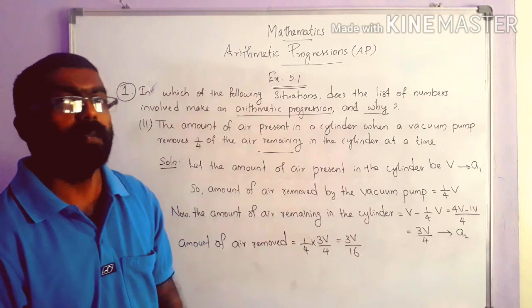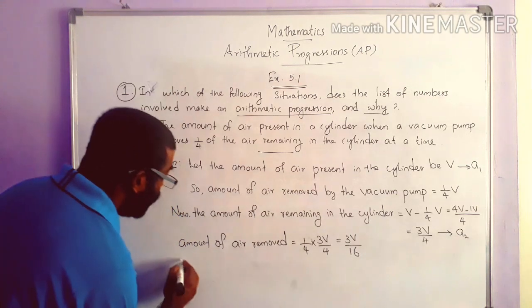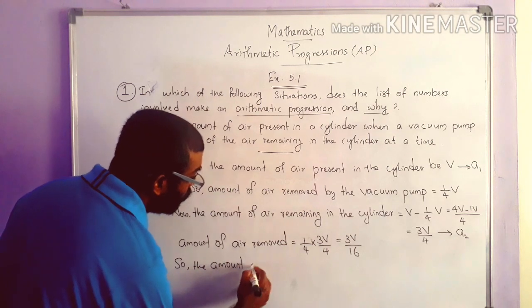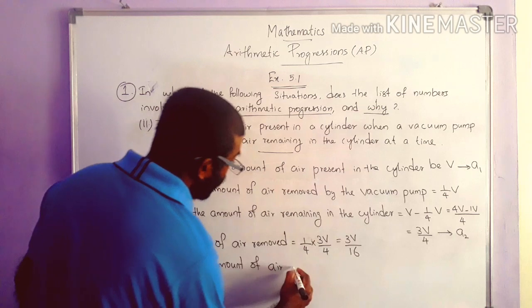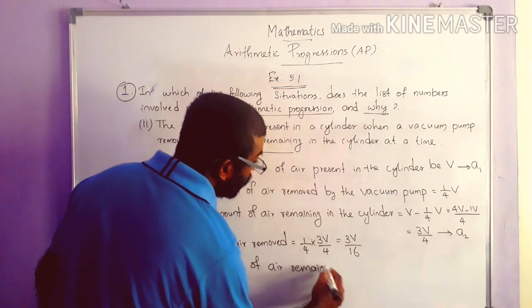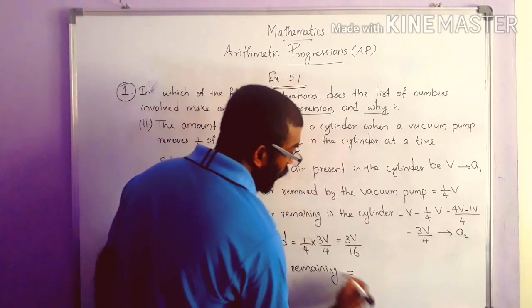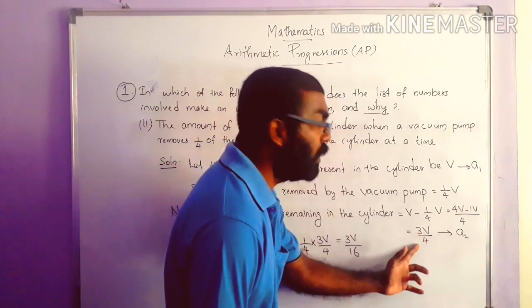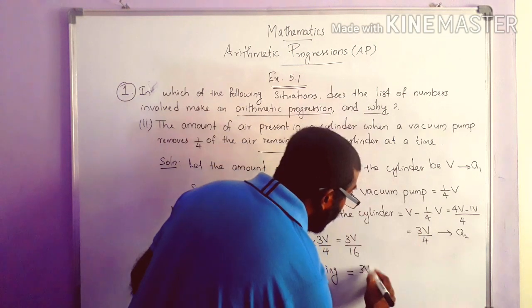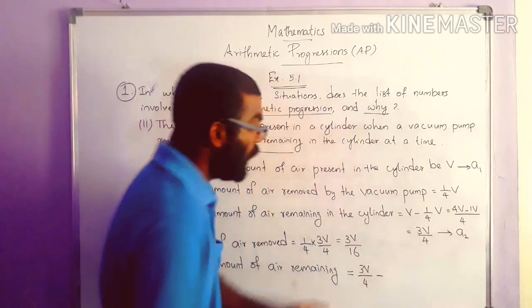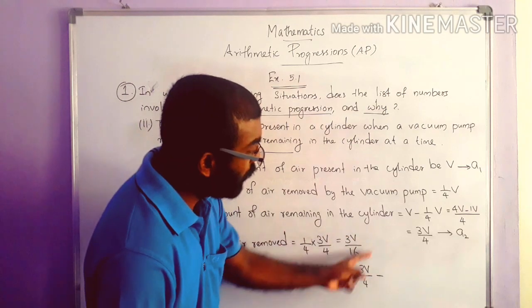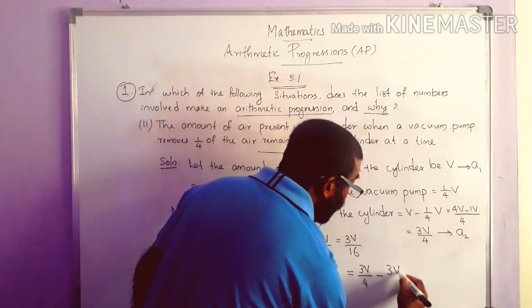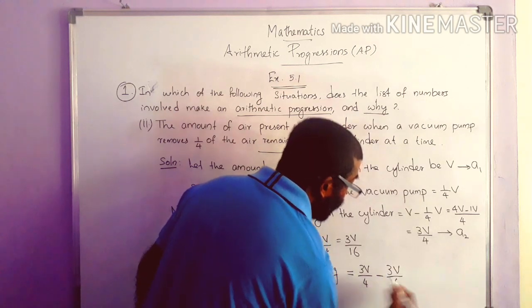So the amount of air remaining is, before the removal the amount of air is 3V by 4, minus 3V divided by 16.